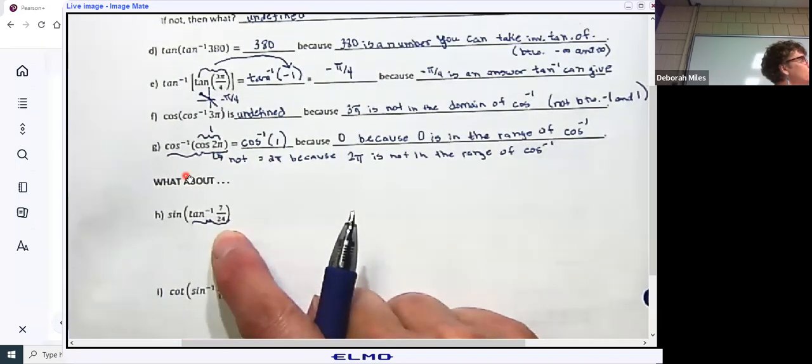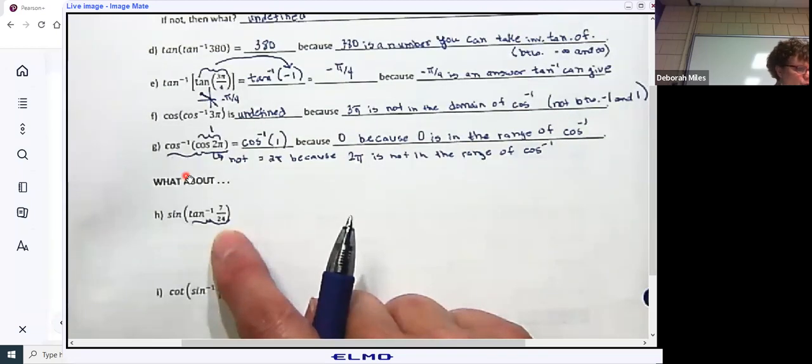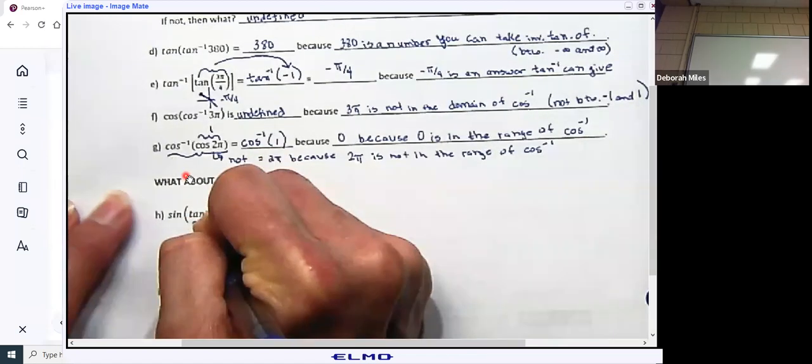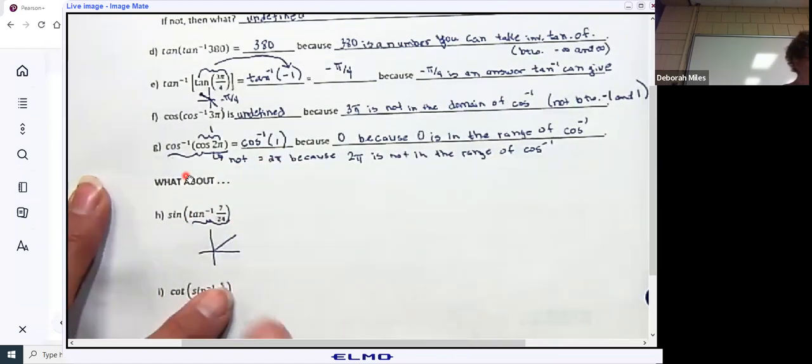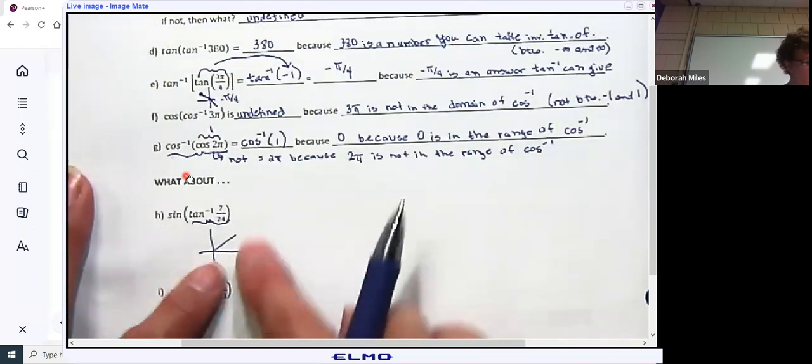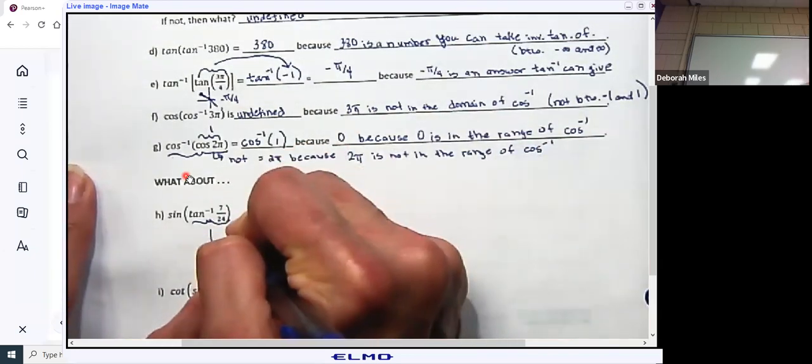Now, inverse tangent can only give me an answer in which two quadrants? First and fourth. And in which one of those two would inverse tangent be positive? Yeah. So this is the first quadrant angle whose tangent is 7/24. Now this is not to scale. I didn't try to make it to scale.